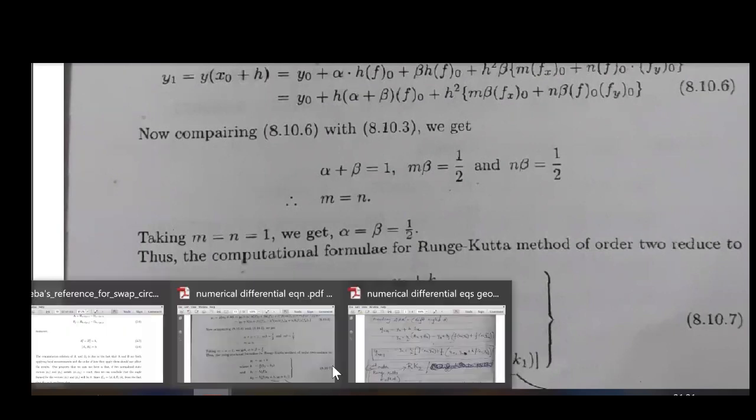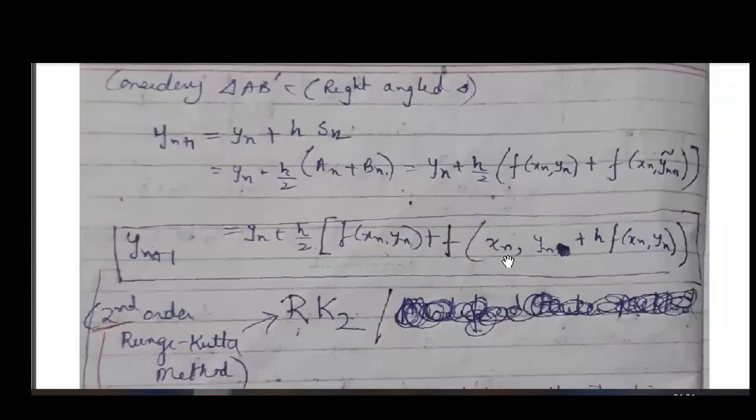So let us come here. Just one typo is here. It will be xn plus 1, not xn throughout. Okay. So if I consider xn plus 1, so f of xn plus 1, yn plus h of xn yn. So exactly the same thing which we got via that Euler's method.